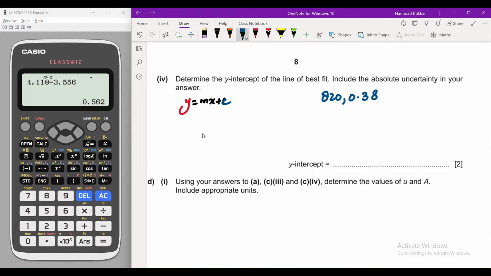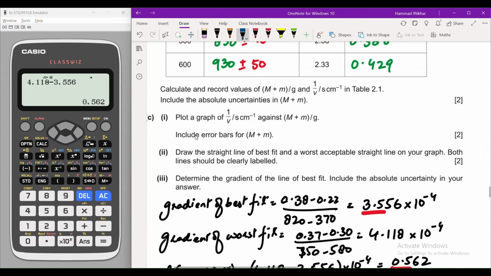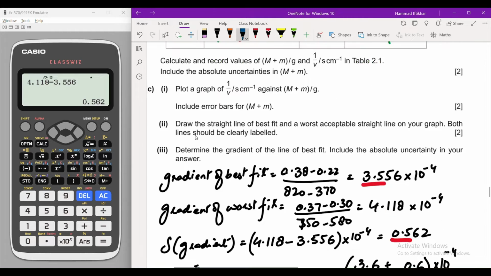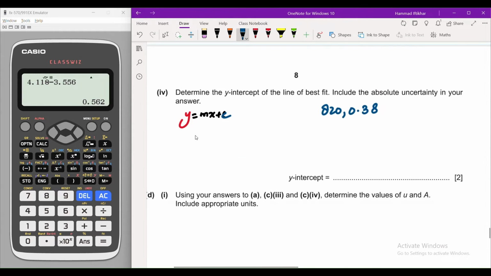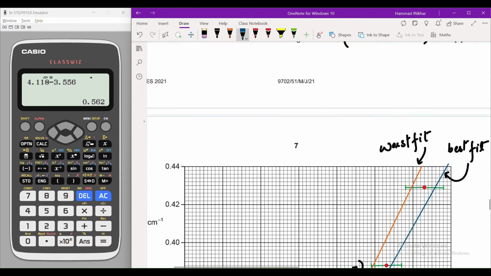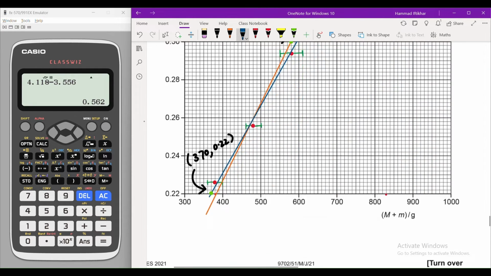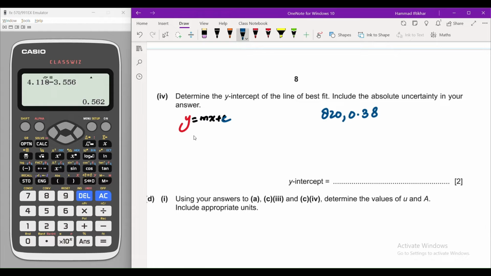So what are we going to do? Sorry, we found the gradient of the best fit line to be 3.556 times 10 raised to power minus 4, or just 3.6.